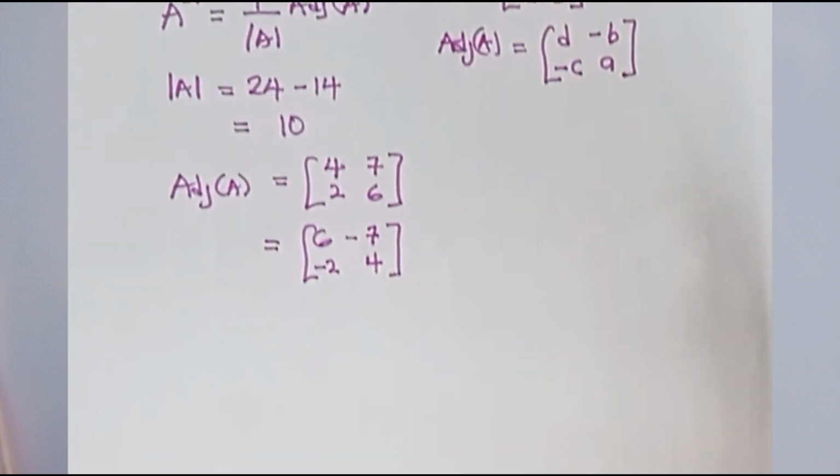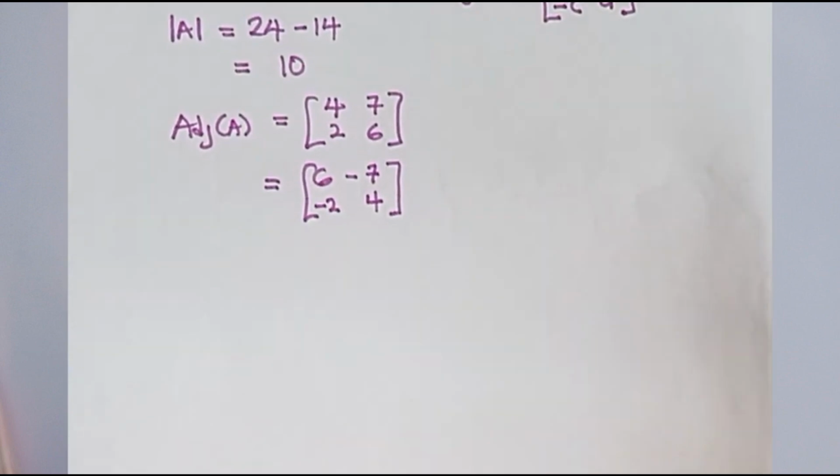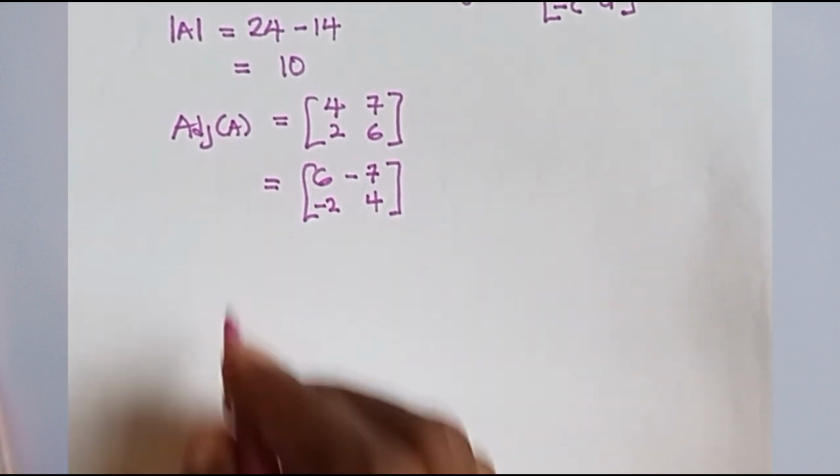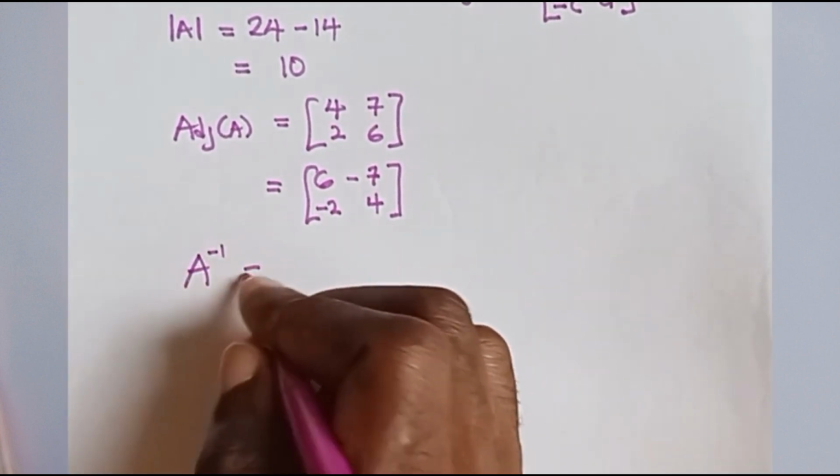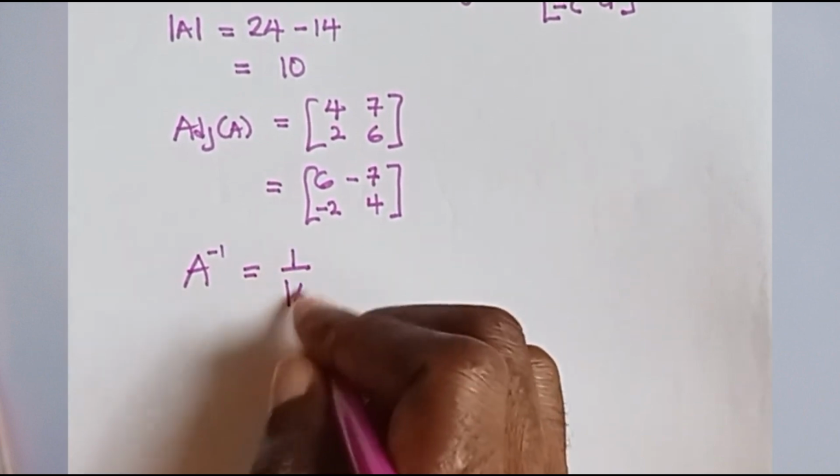The next thing for us to do is to find the inverse. We have the determinant of A, and we also have the adjoint of A. Let's write the formula again.